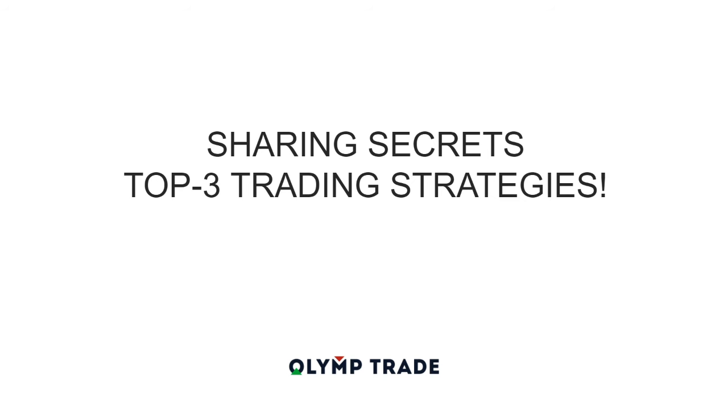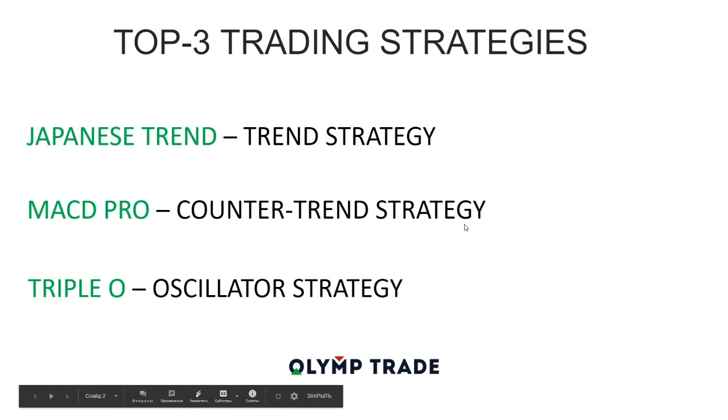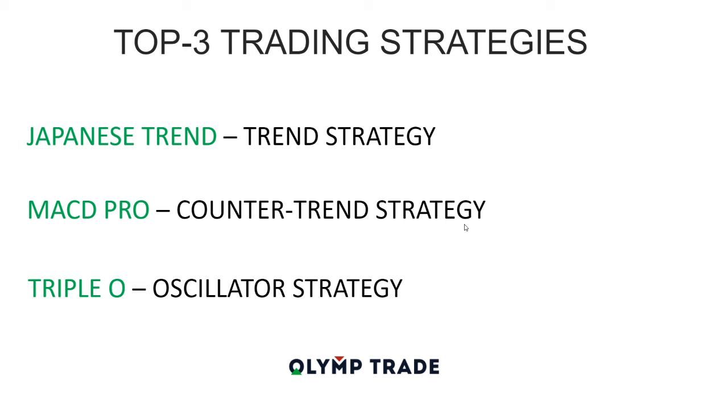Once again, today we are sharing secrets, and we are sharing our top 3 trading strategies for you to use in trading FTT. The strategies we are going to discuss today are the Japanese trend, which is a trend strategy; the MACD Pro, which is a counter trend strategy, like reversals and corrections, but where price movement is also visible, so it's not a flat; and the triple O strategy, which is an oscillator strategy and works basically when there's a flat.